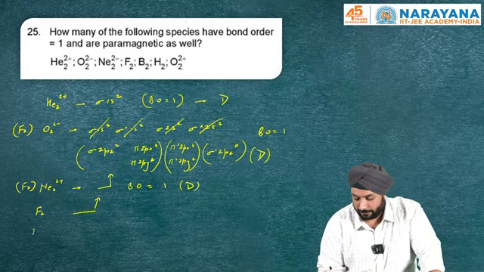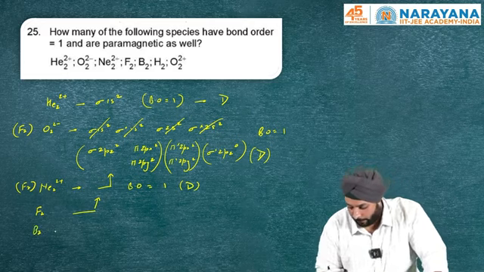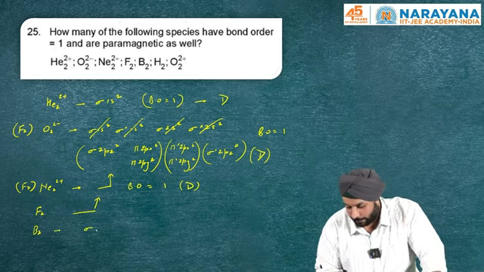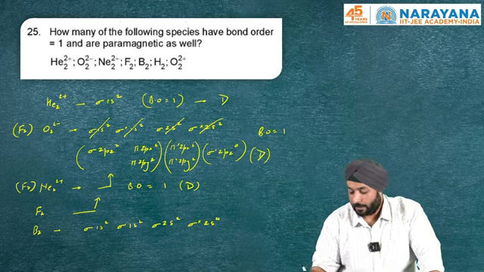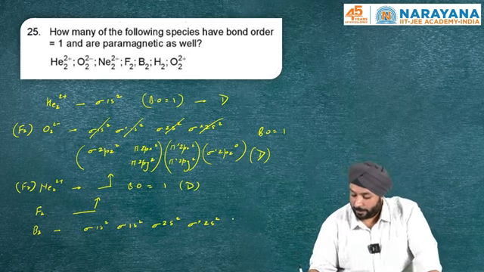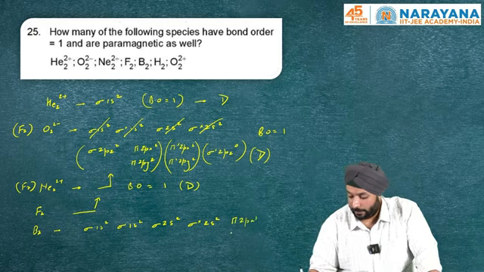Boron. The number of electrons in boron will be 5. So sigma 1s2, sigma star 1s2, sigma 2s2, sigma star 2s2. Then you have pi 2px1, pi 2py1.